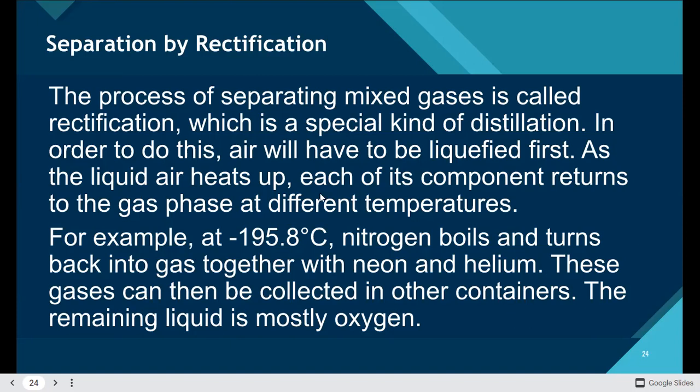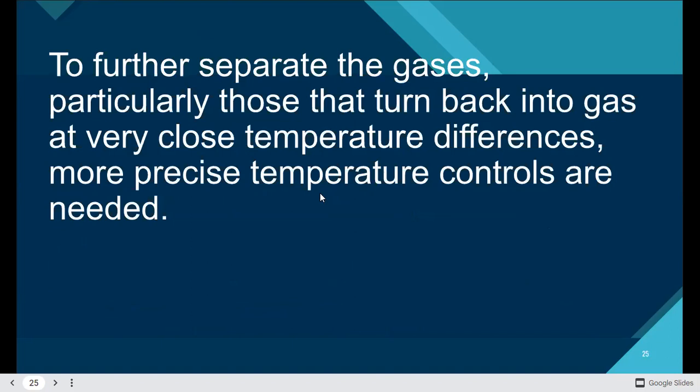To further separate gases, particularly those that turn back into gas at very close temperatures, more precise temperature control is needed. So we can also separate them by giving the perfect boiling temperature.